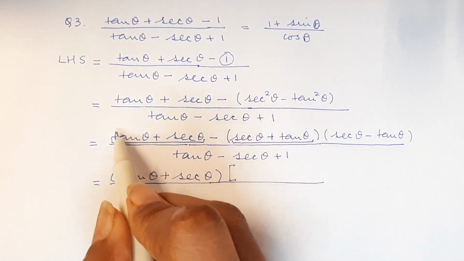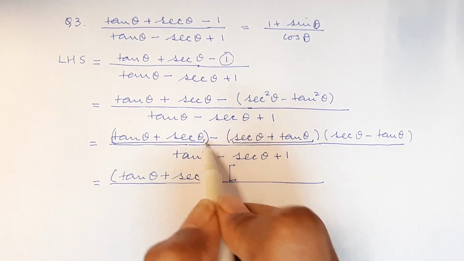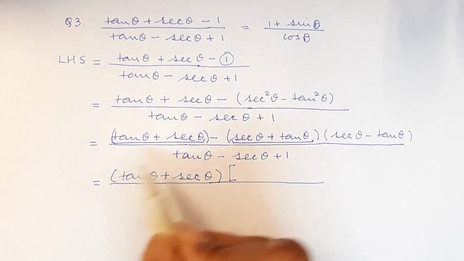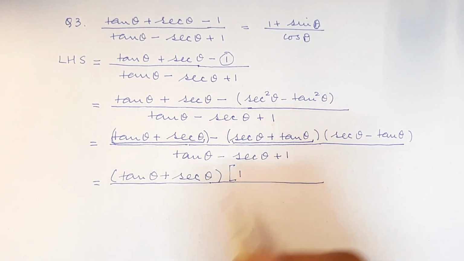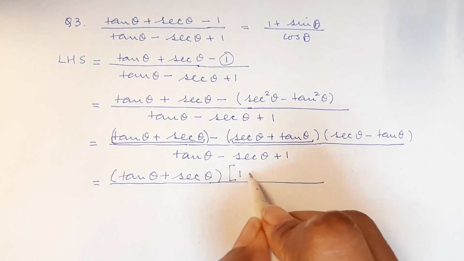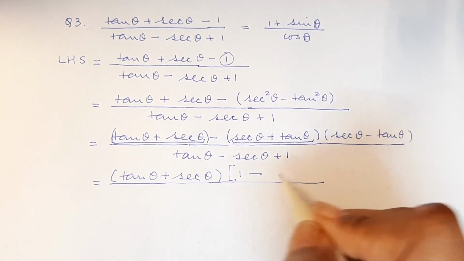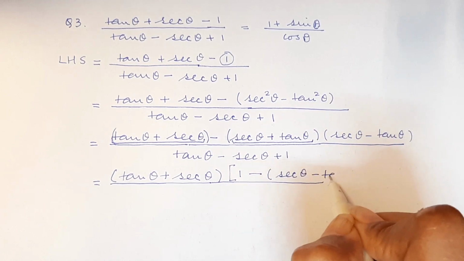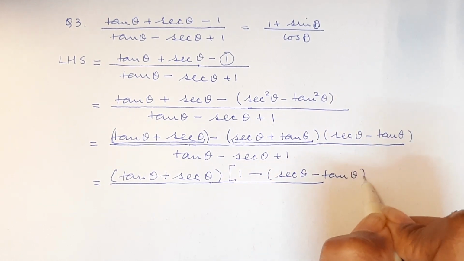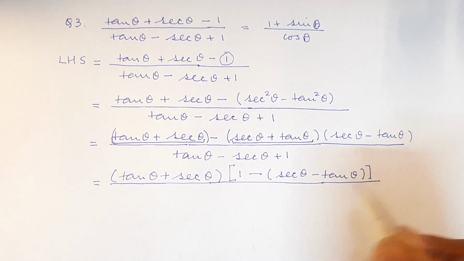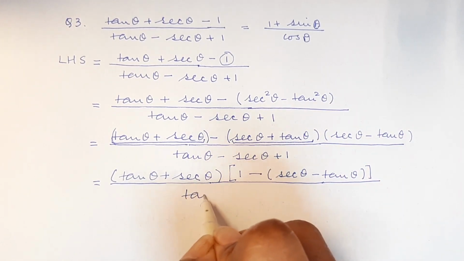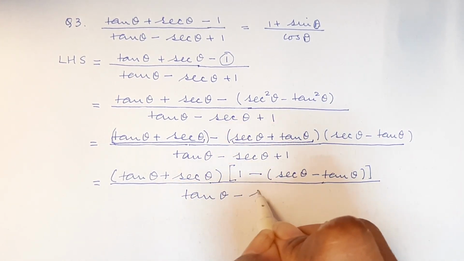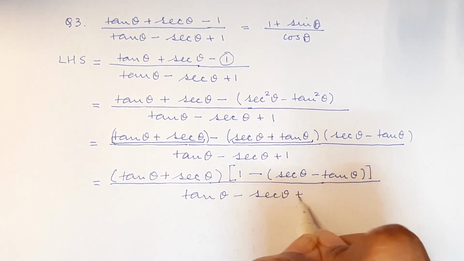Now, for this tan theta plus sec theta, we've taken it out. So in this place, we write 1 and minus this bracket still remains here. So we'll write it as sec theta minus tan theta. Are you getting it? Now, the denominator do not touch. Leave it like that.